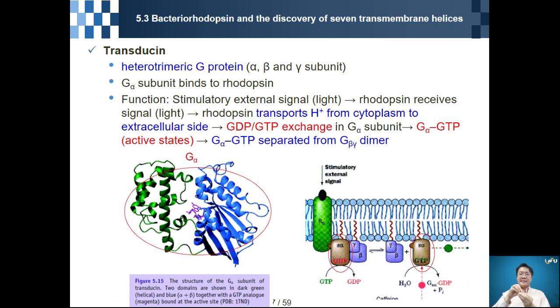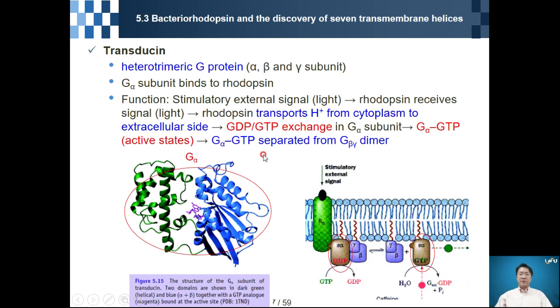The retinal is there as the all-trans isomer. After they absorb the light, the all-trans isomer is changed to the 13-cis double bond. This happens, and after that, rhodopsin can transport H plus from the cytoplasm to the extracellular side.